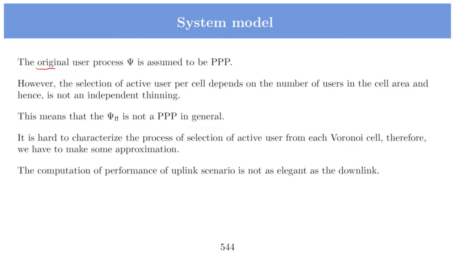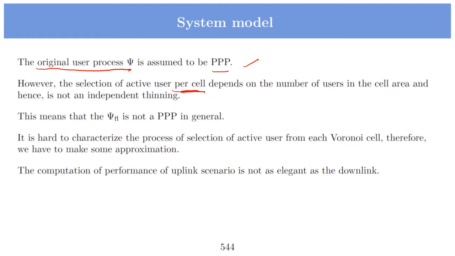Now, just to recall, the original user process phi was assumed to be PPP. In this original PPP, there will be many users in each cell. What we do is, we select one user in each cell and assign it to that time frequency slot, and the other users we do not care about. So once you select these users in each cell, there is some correlation, because in one cell only one user is selected. If two users fall in the same cell, only one of them will be selected.